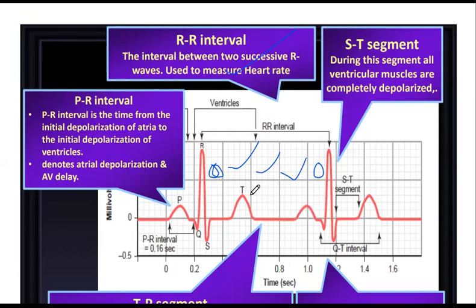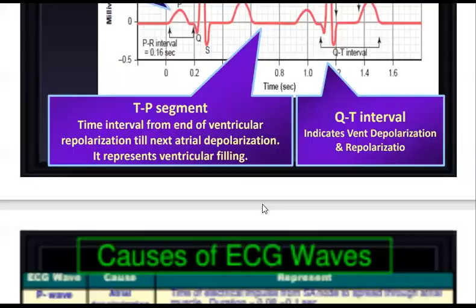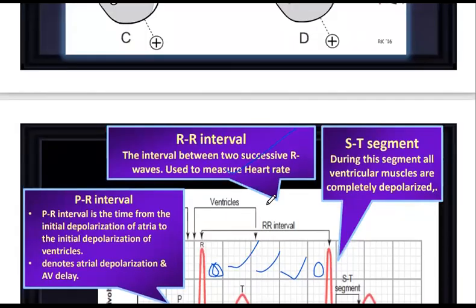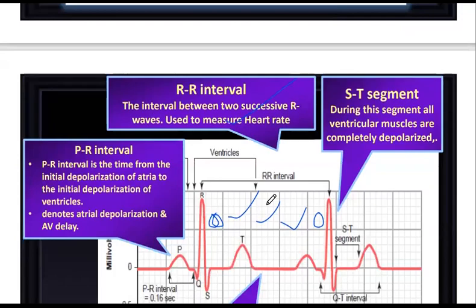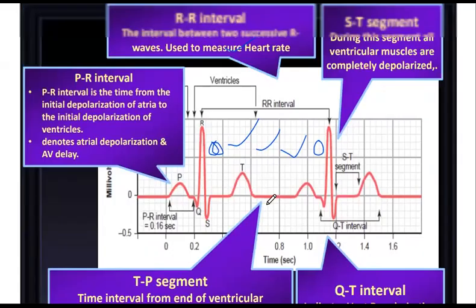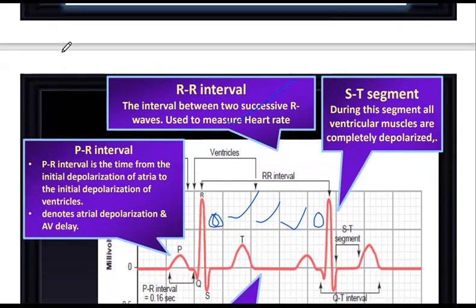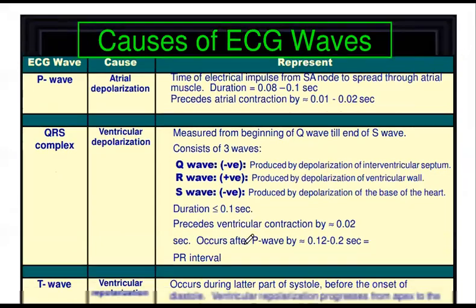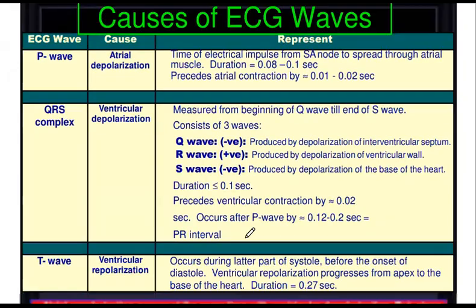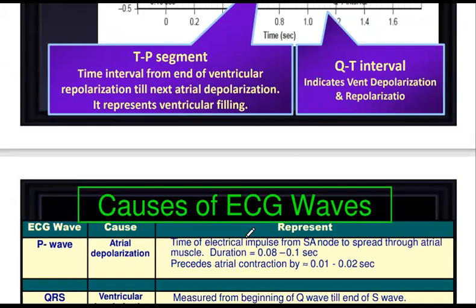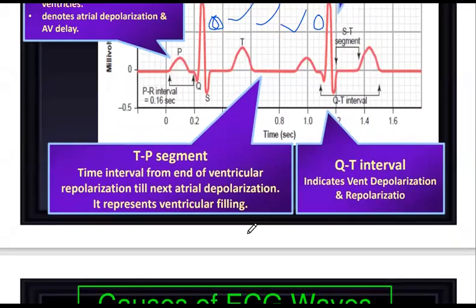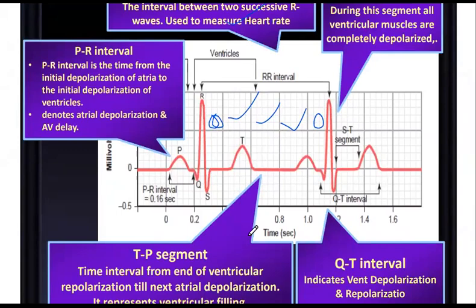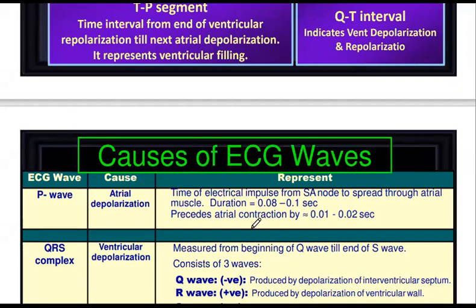So I think we will discuss from here tomorrow because it is more complex than today's topic. We will complete the ECG tomorrow. These are the atrial depolarization. How much time the P wave takes, how much time the Q wave, the RS, the S wave, and the T wave take. You have to remember that.